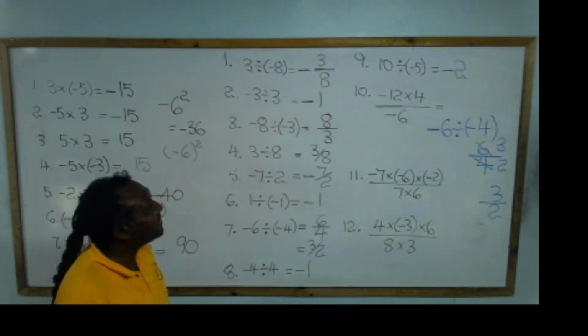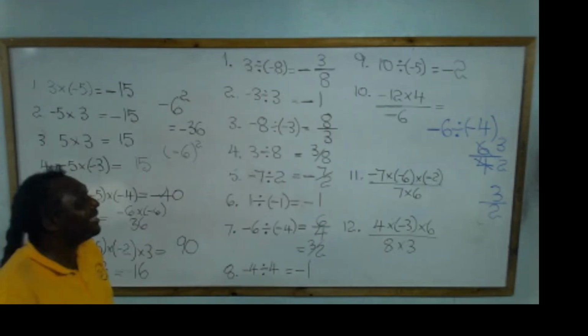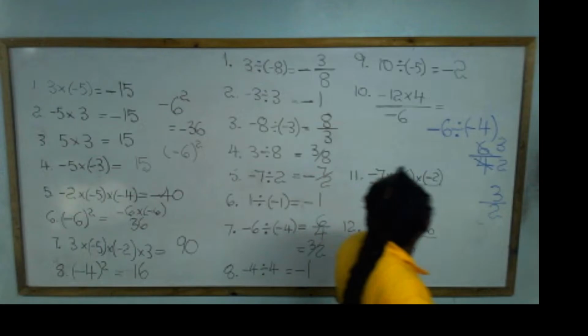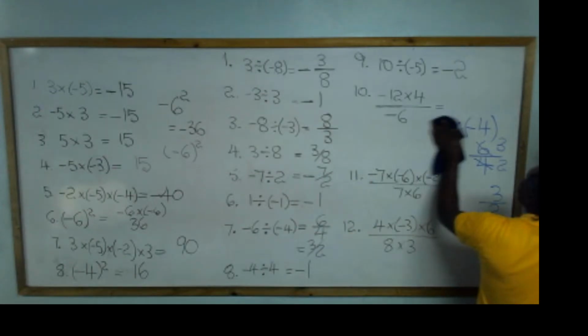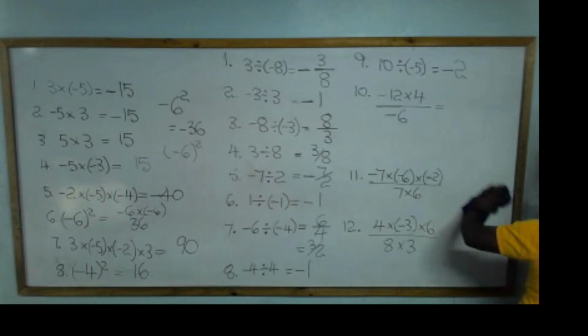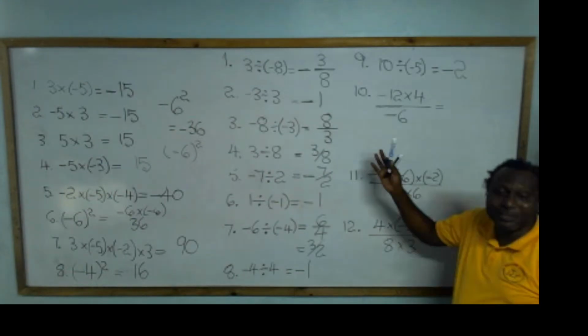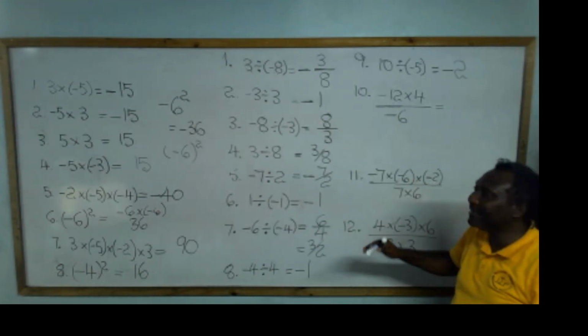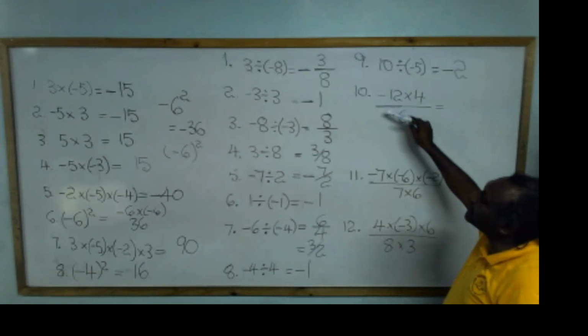Well, let's see if it is 8. So let us go back to number 10. Remember now, when we have a multiplication and division problem involving several numbers with their signs, we count the number of negative signs.